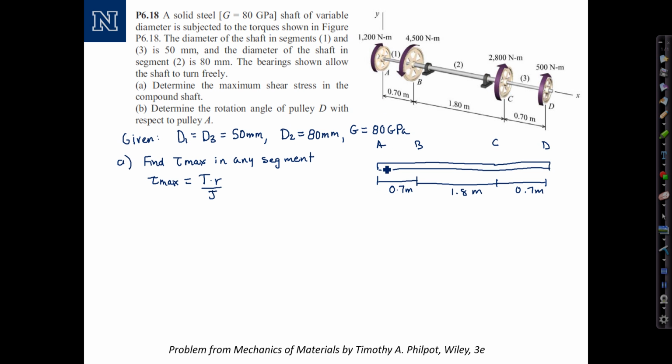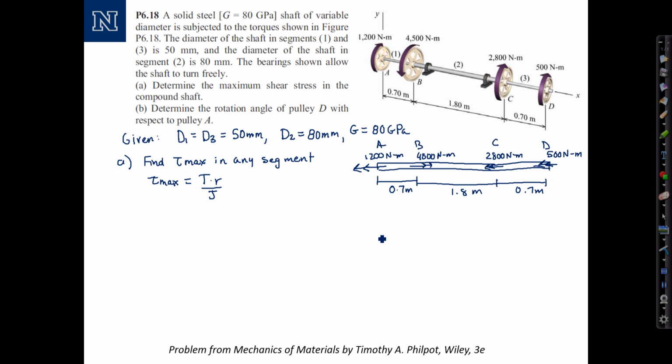So we call that a positive torque on the end, and I will draw that one going outward, 1200 Newton meters. We come along to point B. That torque is acting in the opposite direction, so I'm going to draw it acting to the right. Point C is acting in the original direction again, same as point A, so I'll draw it going to the left, 2800 Newton meters. And finally at D, also acting in the original direction, 500 Newton meters.